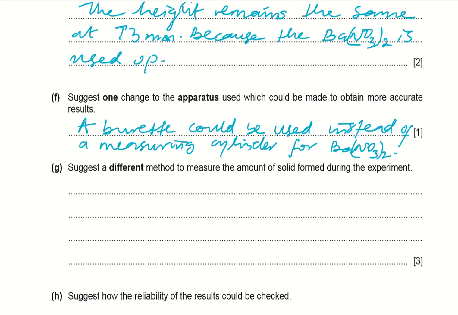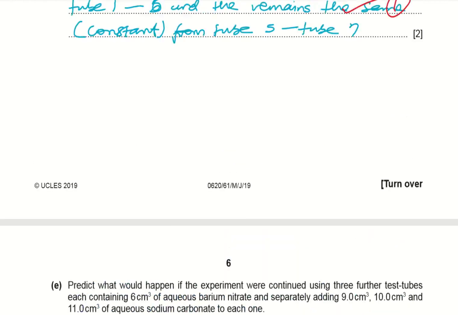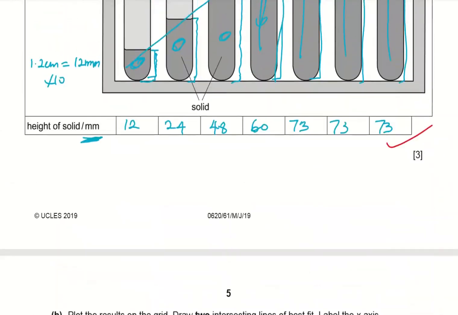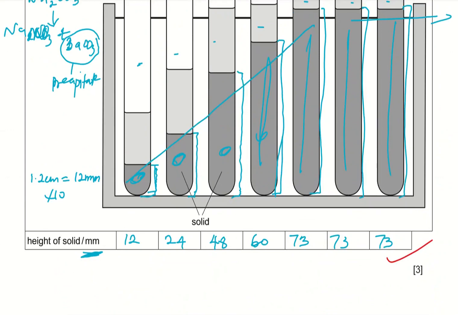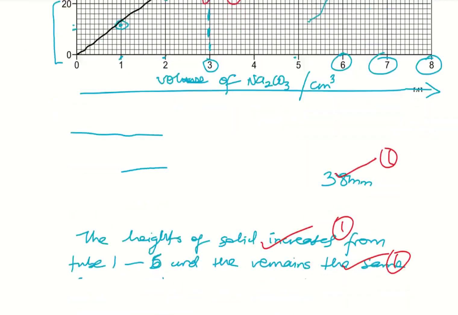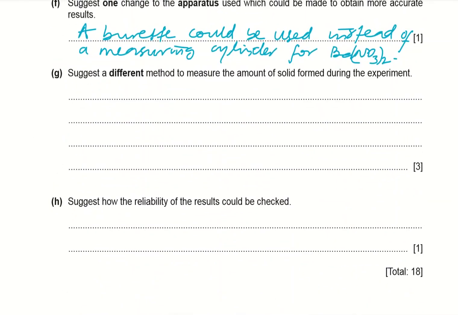Next, just a different method to measure the amount of solid formed during the experiment. During this particular experiment, the amount of solid formed was measured in terms of the height of each of the solids formed in the tube. What else can we do? We can actually measure mass. We can measure the mass of the solid formed after the experiment.